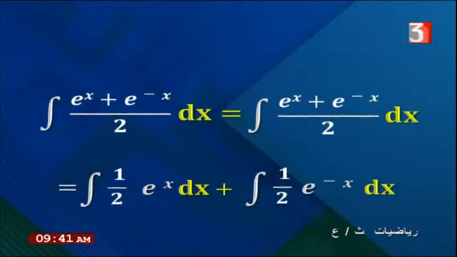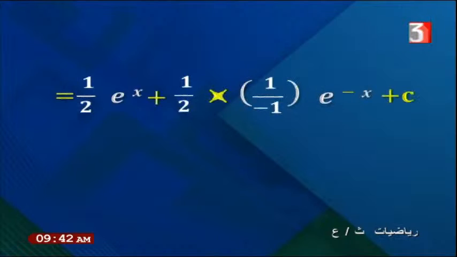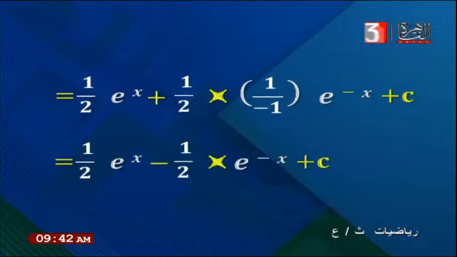The integration of half e power x equals half e power x, and the integration of half e power negative x equals half multiply 1 over the coefficient of x, which is negative 1, multiply e power negative x plus the constant c. Then the result equals half e power x minus half e power negative x plus the constant c.